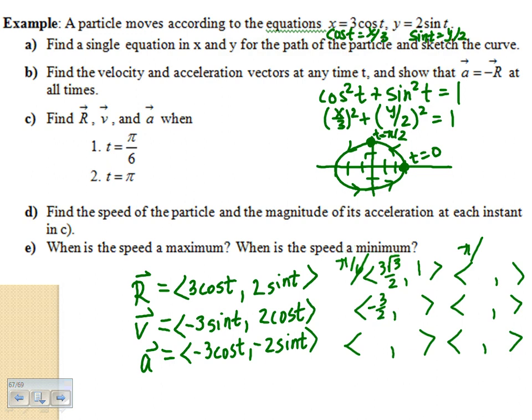And if you have R, you can fill in A really, really easily, right? Because we just proved that A is negative R. I'll let you check and see how you do.